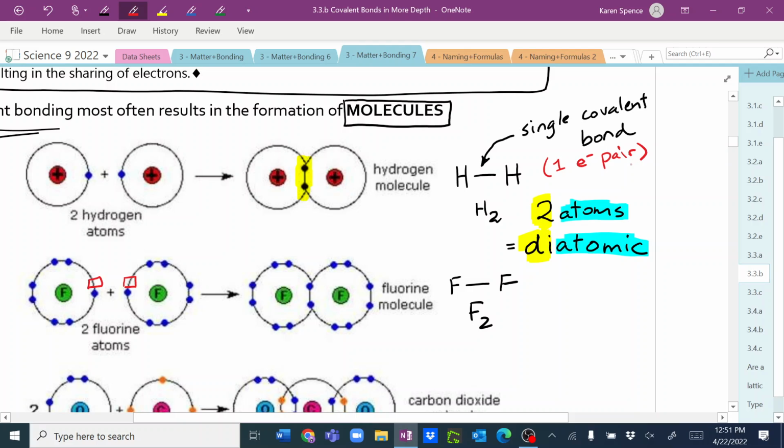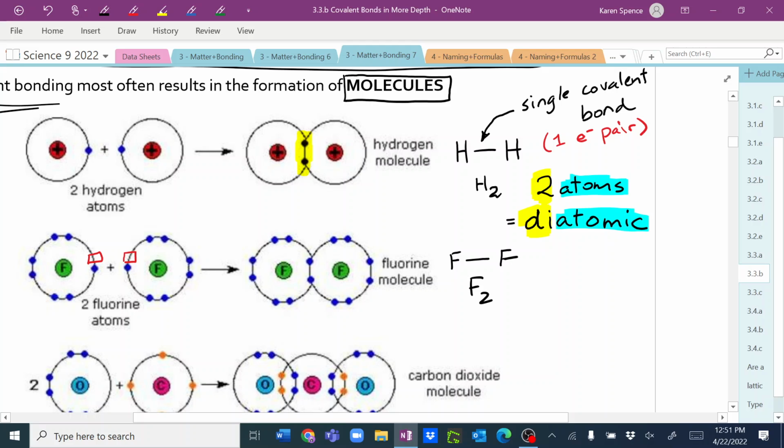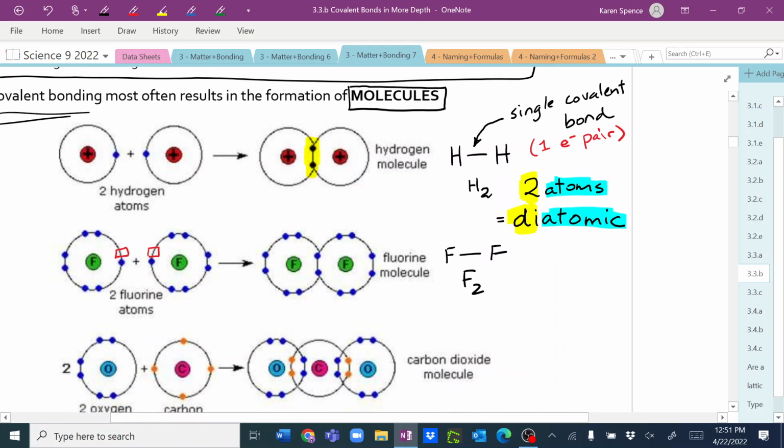When we get to something like the next one, which is carbon dioxide, we have a little problem because carbon has 1, 2, 3, 4 holes. Yes?